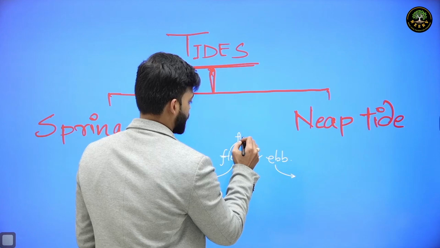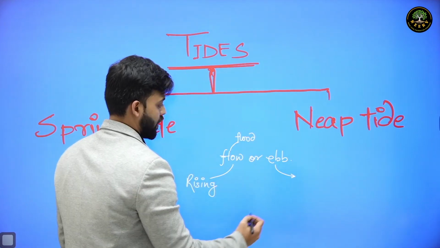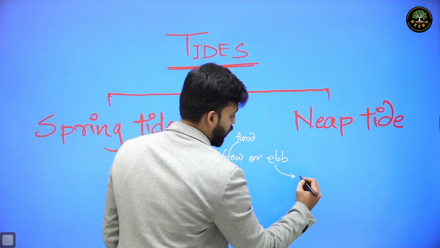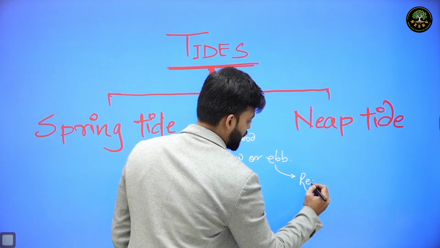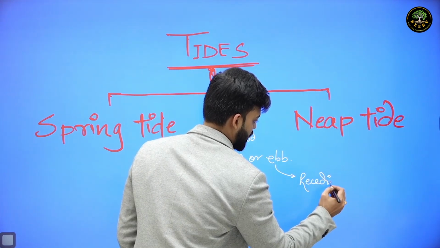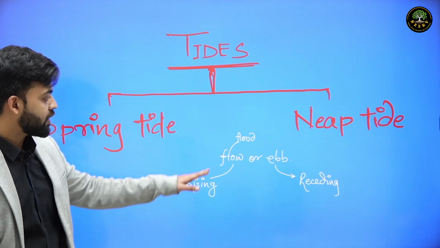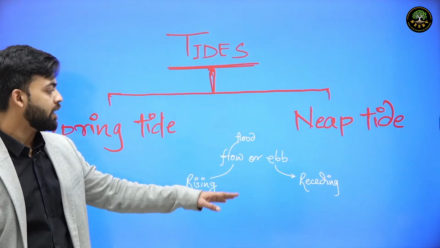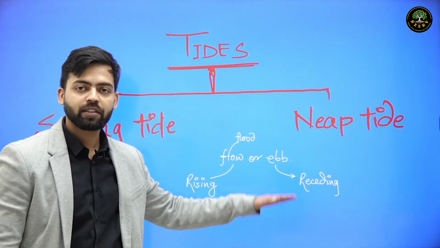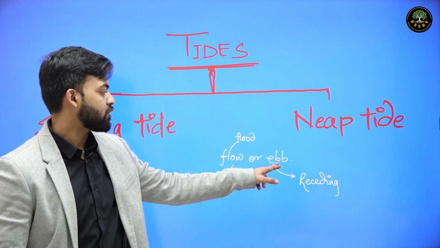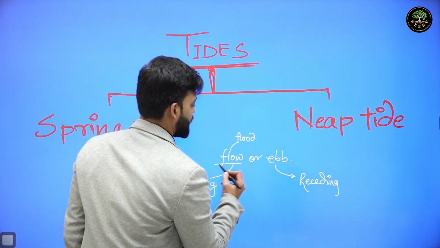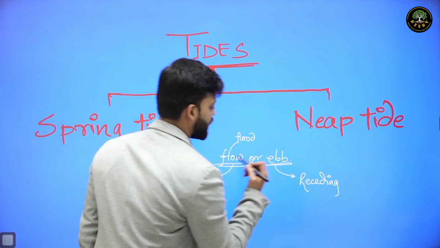This is also known as flood tide. And when the water is receding, that is known as ebb. So when the water is rising, that is known as flow or flood tide. When the water is receding, that is water is going downwards, then it is known as ebb. These are the terms associated with tides.